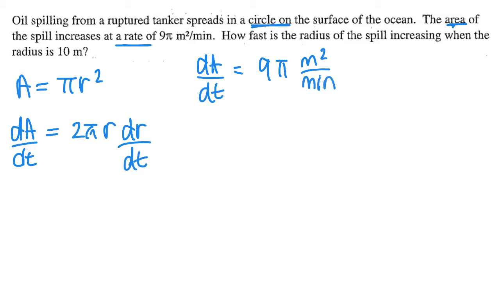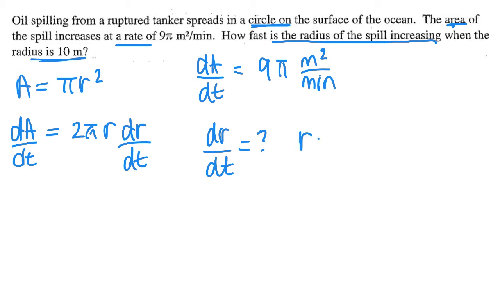So I have that part of the information. How fast is the radius of the spill increasing? That's a rate, so that's what I'm looking for, dr over dt, when the actual radius is 10 meters. And then they tell us, so r is 10 meters.